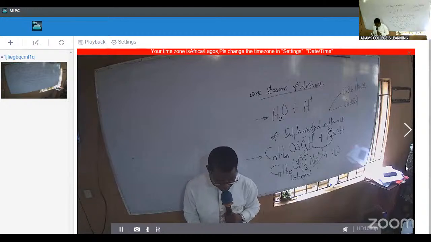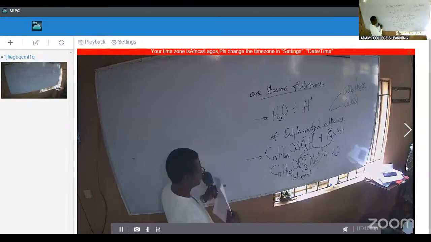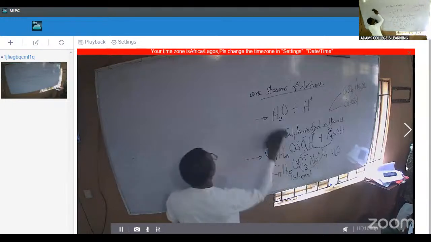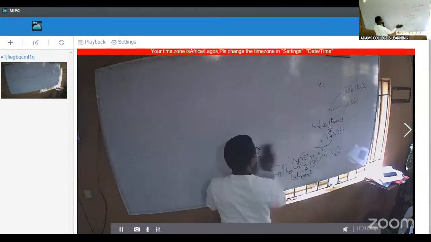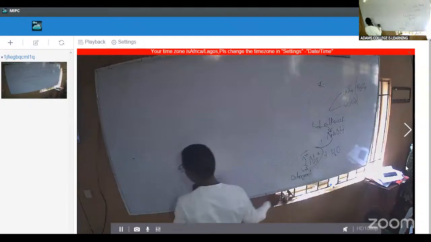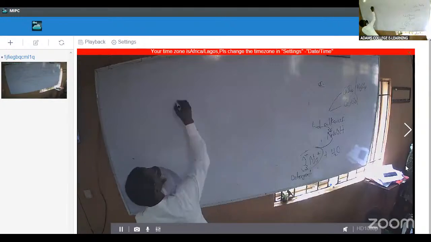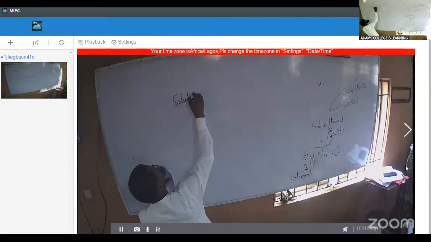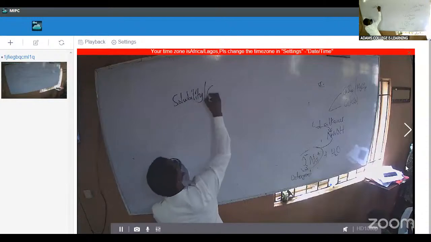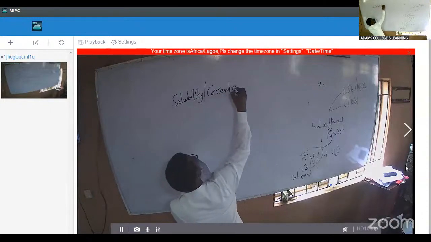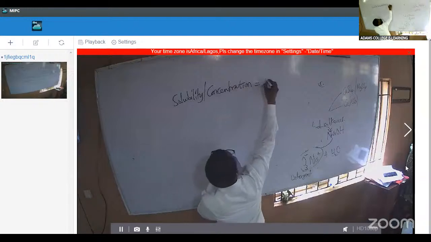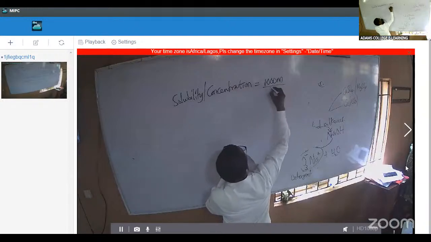17. What mass of K2CrO4 is required to prepare 250 cm cube? I think I can do that one. There are many ways of doing it. Solubility or concentration. I gave you one formula like that too. 1000 over M, you can use any formula you like.